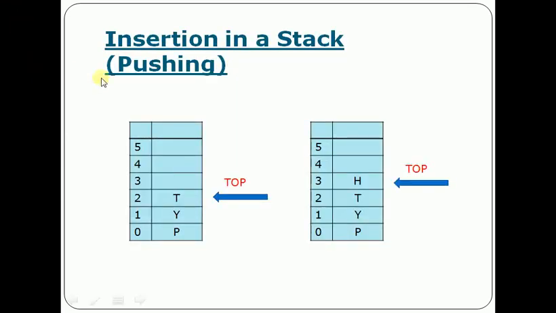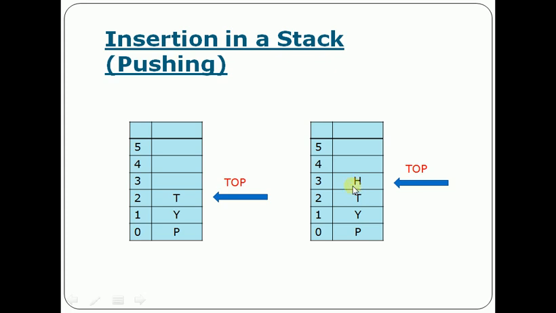How does insertion happen in a stack? Suppose we have a stack with the three characters P, Y, T and I want to add one more character. For that, the top needs to be advanced to the next position and there you can add the letter. Now H is the last entered character.